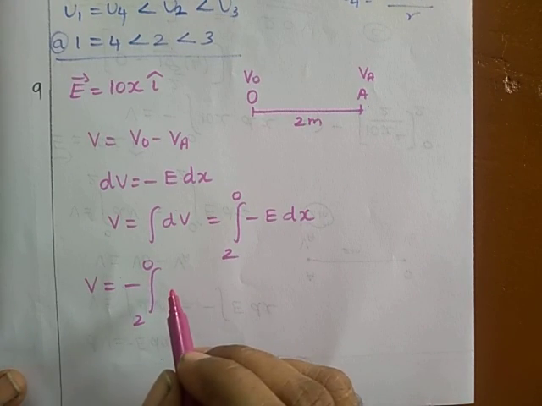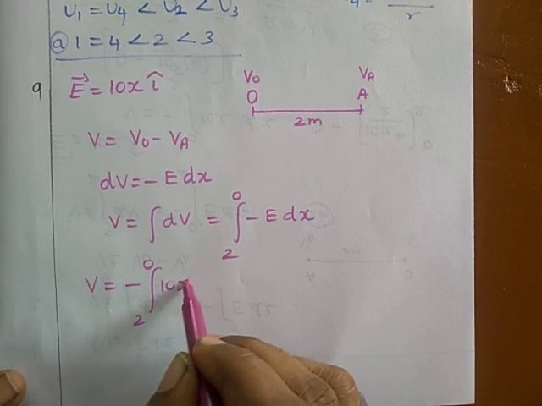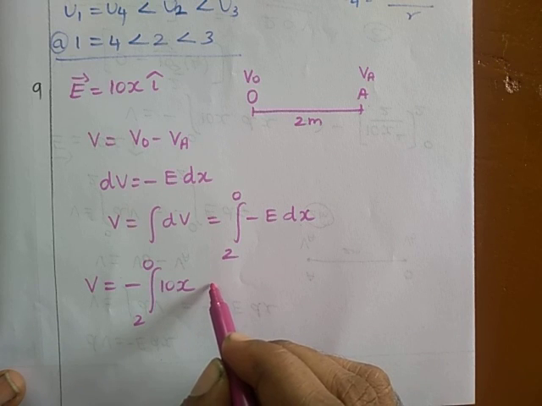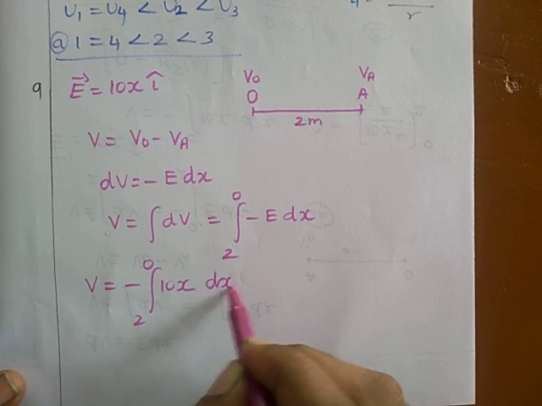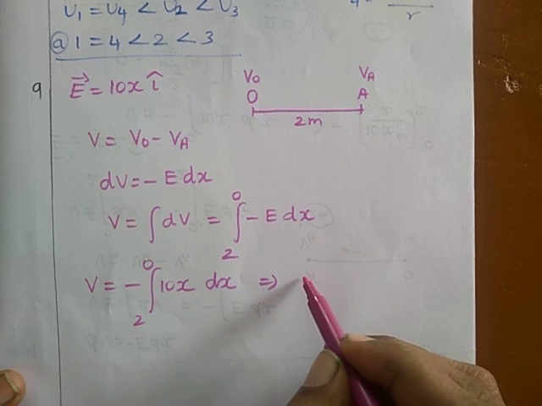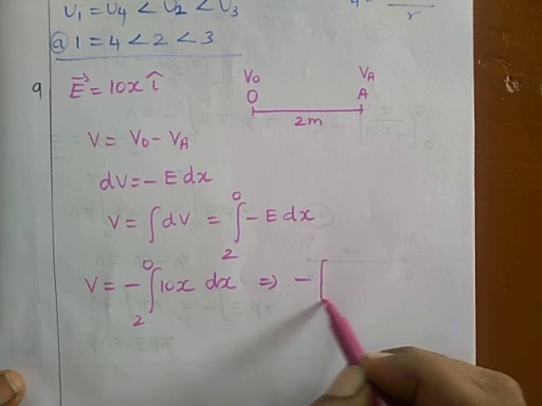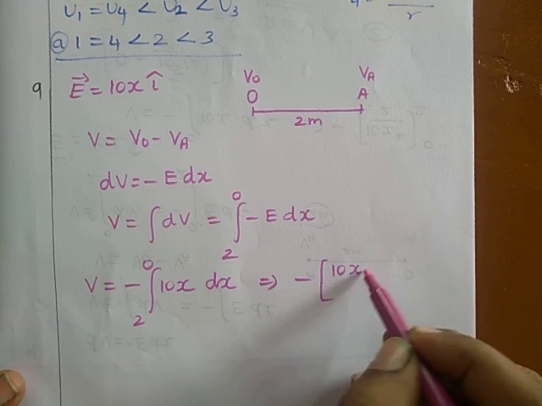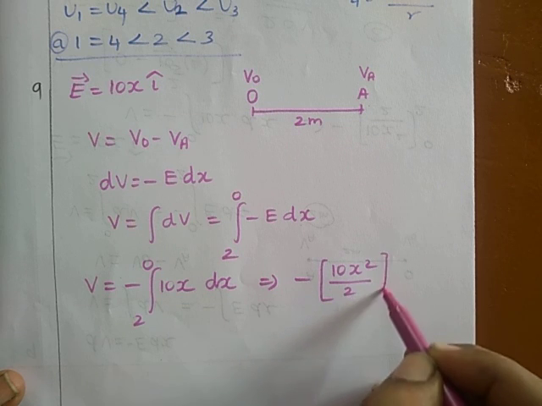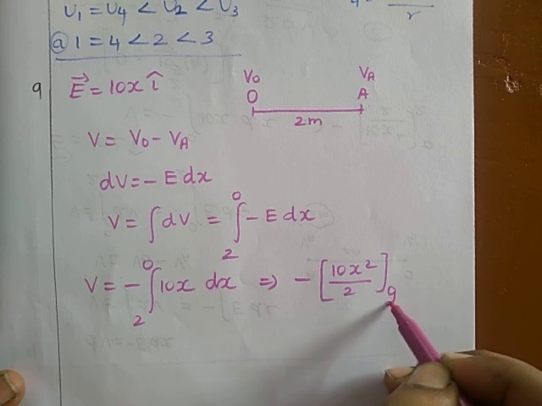Then the electric field E is equal to 10x, then dx. Integrating this, we get 10x square by 2, from 2 to 0.